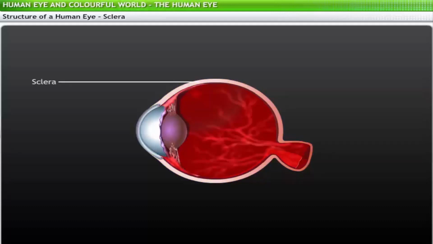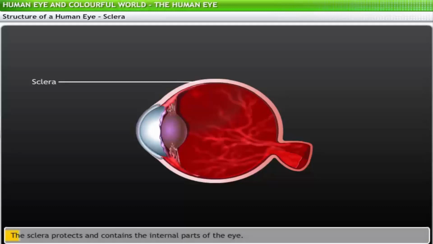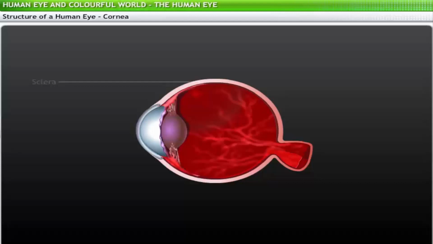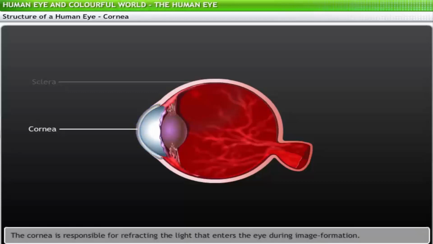Sclera is a tough white fibrous tissue that protects and contains the internal parts of the eye. The next part is the cornea, a tough membrane covering the front surface of the eye that is bulged out. The cornea refracts the light that enters the eye.